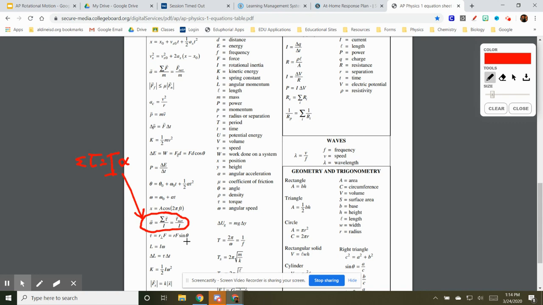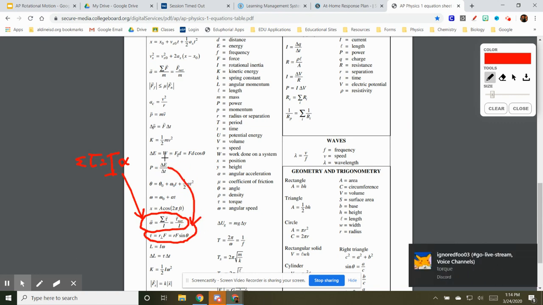So let's take a look down here. We have, ooh, what's this? What's the next one? What's that? Good job, Gabriel, again. Torque. Okay, so we have torque on there.